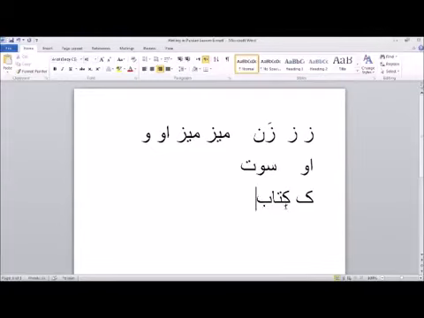K is connective, e is a sign, t is connective, a is non-connective, and then b should be written separately. It can't be connected to this one. That's why it is in the full form in the final position. Let me write it again: k, t, a, b, kitab.